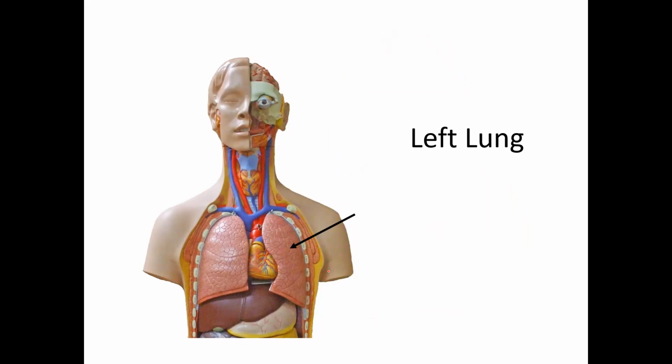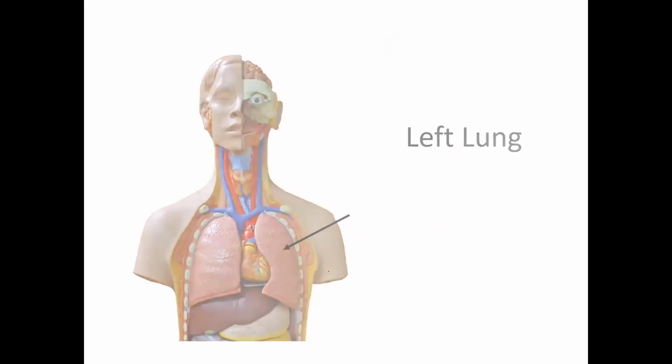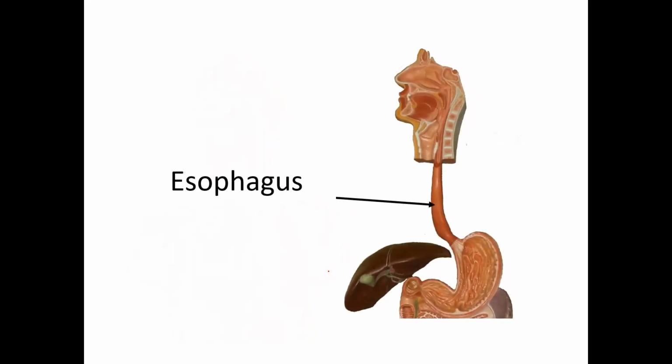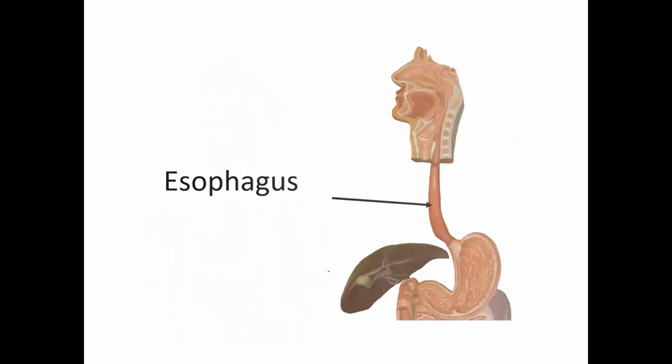So we saw the left and the right lungs. Then we're looking here at a tube that connects the throat to the stomach. That's the esophagus. You can see that tube is going into this J-like organ, and that's the stomach. So that tube is the esophagus.